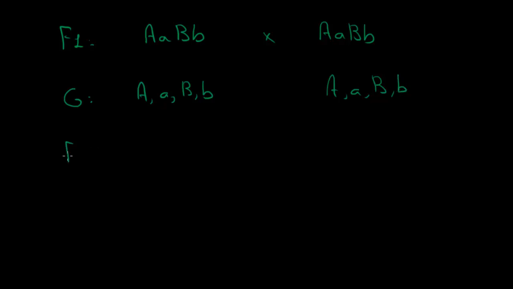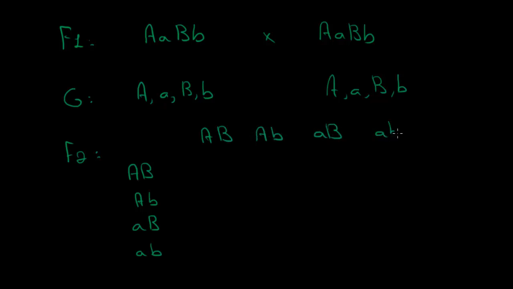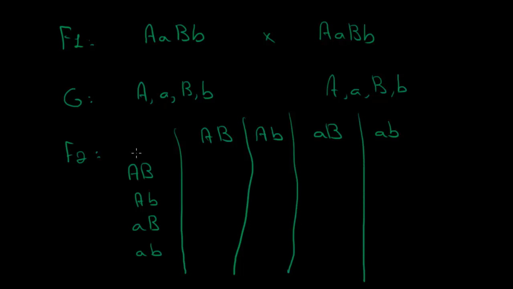We carry out a normal dihybrid cross. We make our Punnett square, so 4 gametes for each parent: AB, Ab, aB, ab. Hopefully you've learned by now how we carry out these crosses.